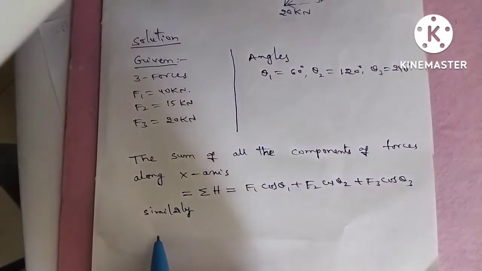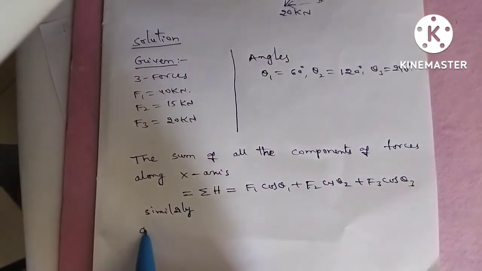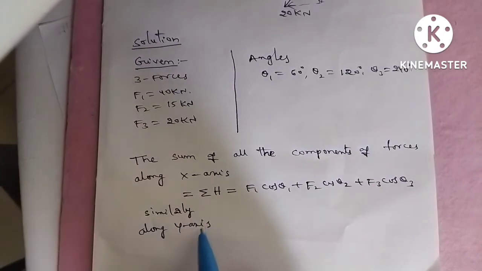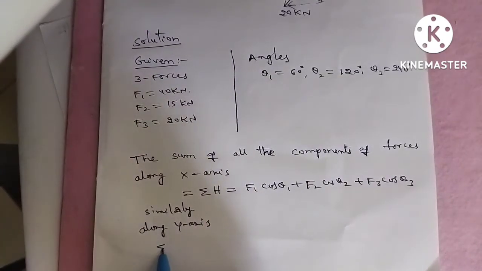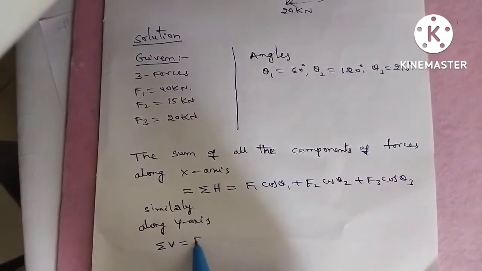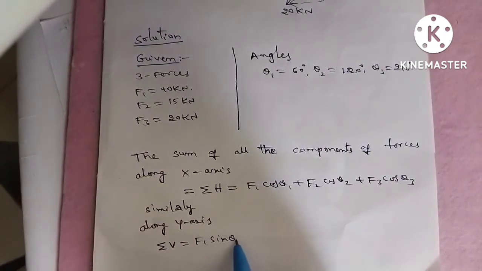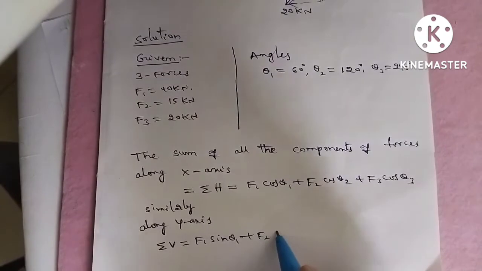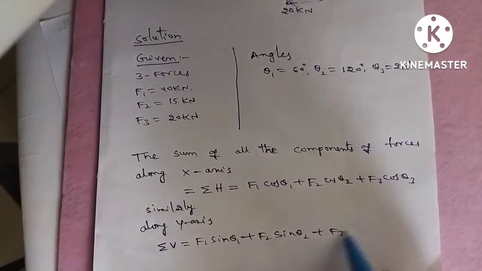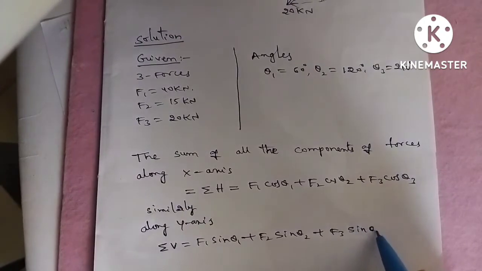Similarly, along the y-axis, that is the vertical components of all the three forces, sigma V is equal to F1 sin theta 1 plus F2 sin theta 2 plus F3 sin theta 3.